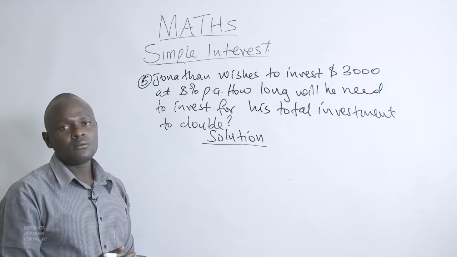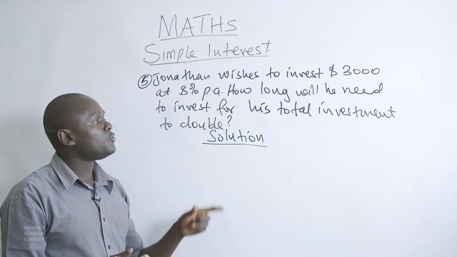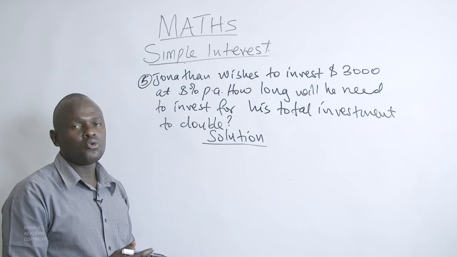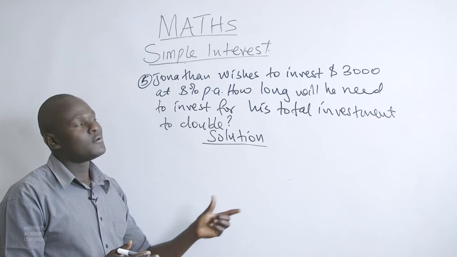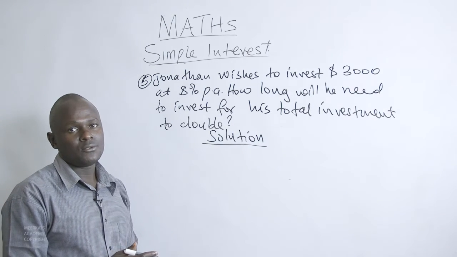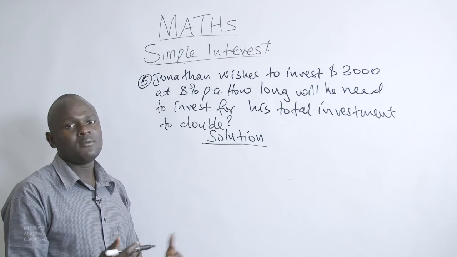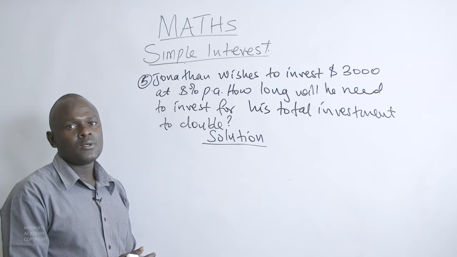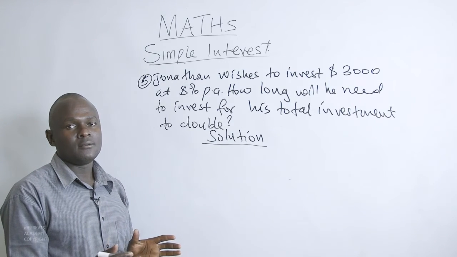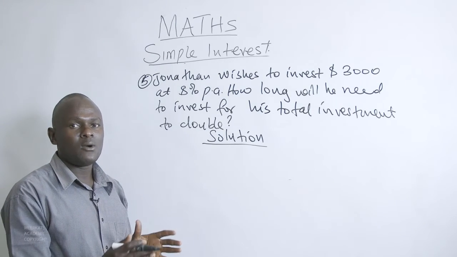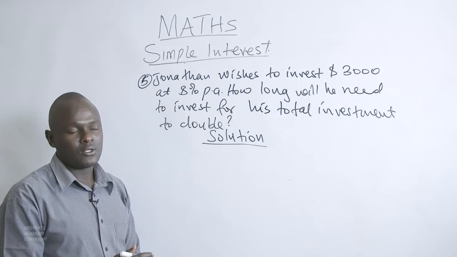For it to double, it means that he should have accrued an interest equivalent to the principal amount, so that by the time he is repaid back, the total amount paid, that is the sum of the principal amount and the interest, will be double 3,000, which is $6,000.